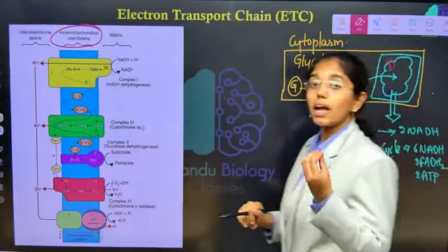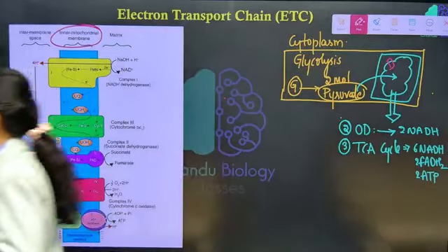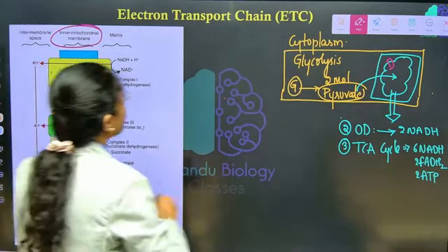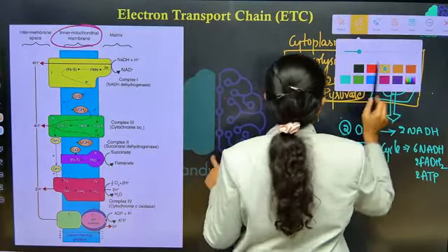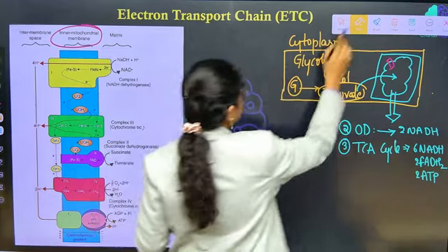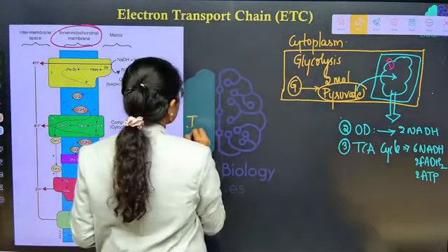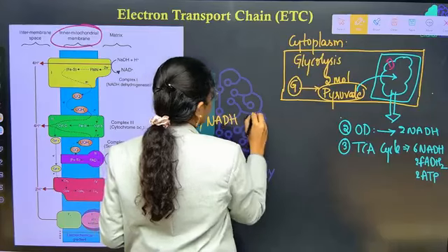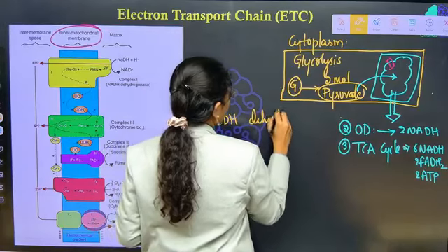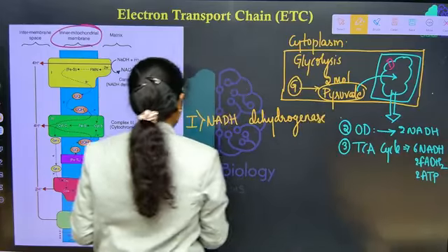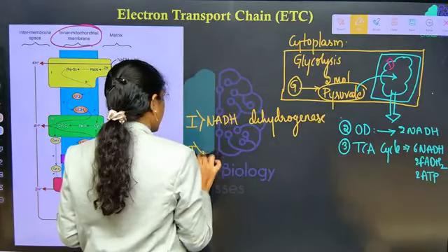As such, there are 5 complexes to be learnt. First, complex 1 is NADH dehydrogenase. Second, complex 2 is succinate dehydrogenase.